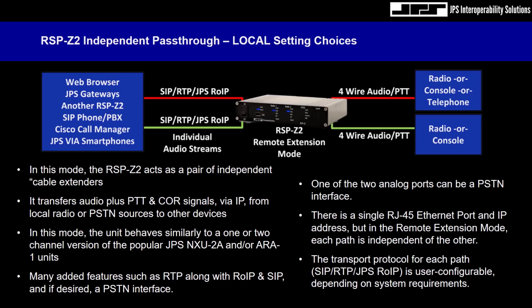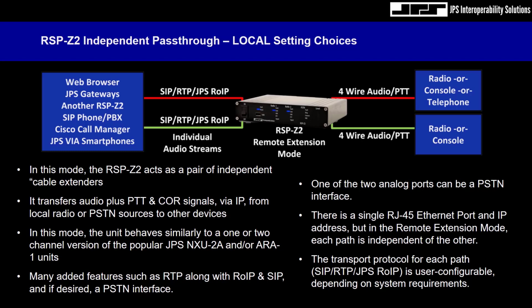It transfers audio plus PTT and COR signals via IP from local radio or PSTN sources to other devices. The unit behaves similarly to a 1 or 2 channel version of the popular JPS NXU2A or the ARA1. Many added features such as RTP are in the Z2, along with the JPS RoIP and SIP, and if desired, a PSTN interface.